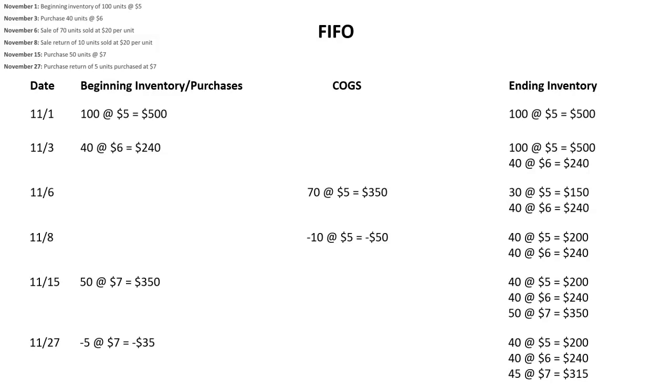You still have all 40 at 5, you still have all 40 at 6, but we went from having 50 units at $7 each, now down to 45 units at $7 each. So your ending inventory here for FIFO would be the 200 plus the 240 plus the 315 that we see there on November 27th. Your cost of goods sold would be the 350 minus the $50 that we see in the middle column here under cost of goods sold.